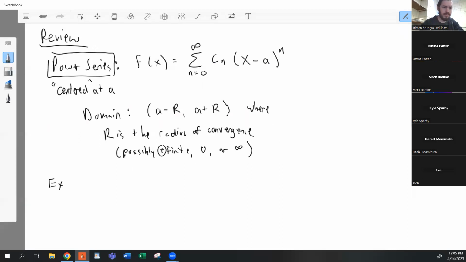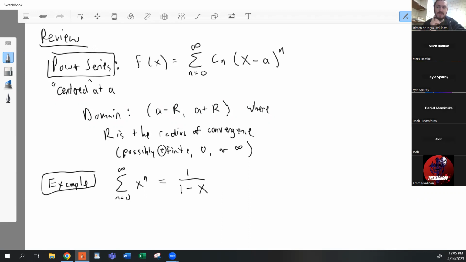And then through an example, this example, which is a geometric series with ratio x, based on what we know about geometric series, we were able to say that not only does this converge for x within a range of 1 around 0, like from -1 to 1, specifically it converges to this function.